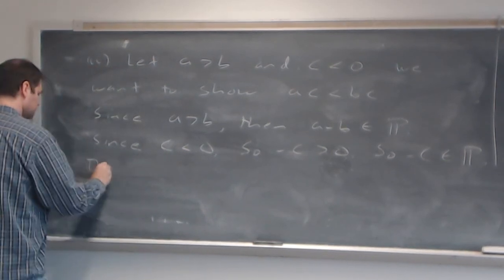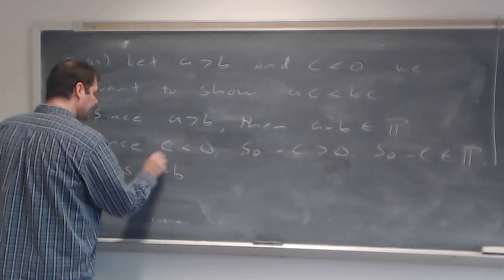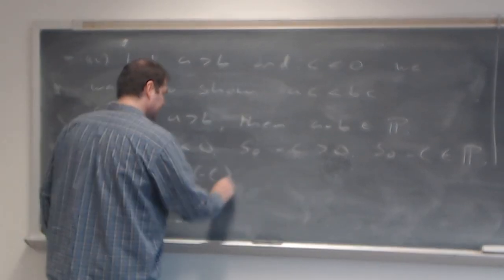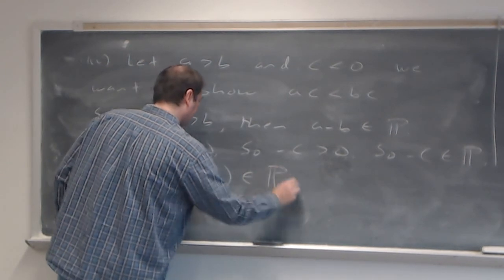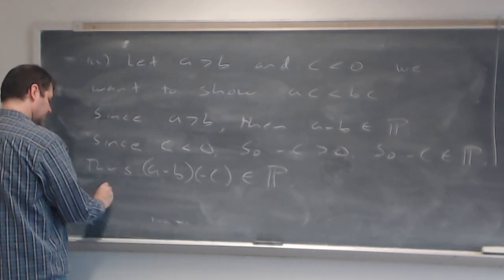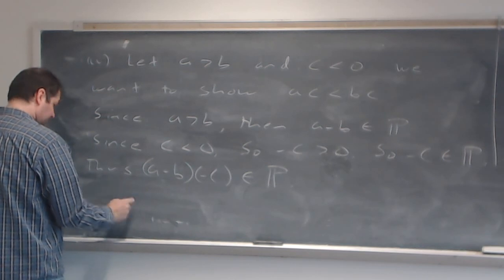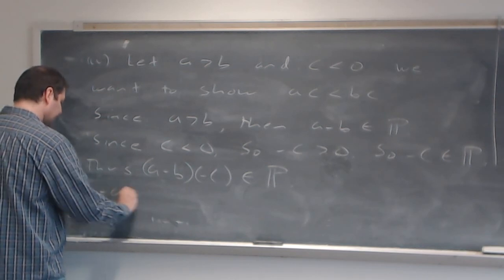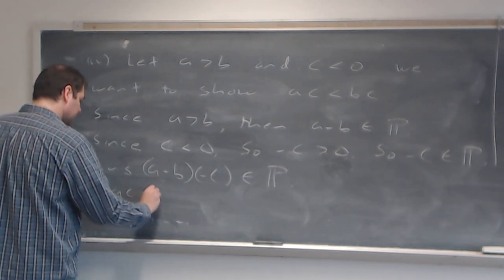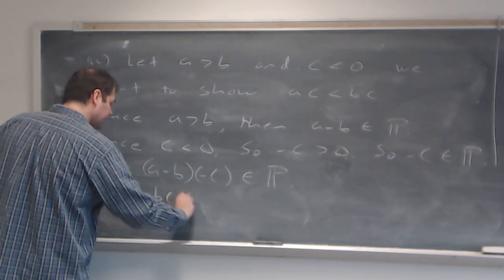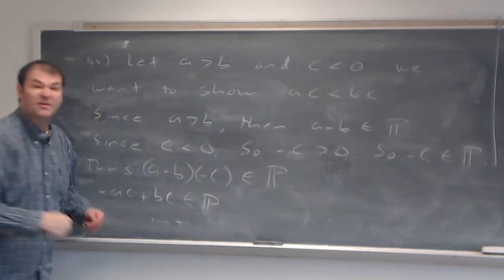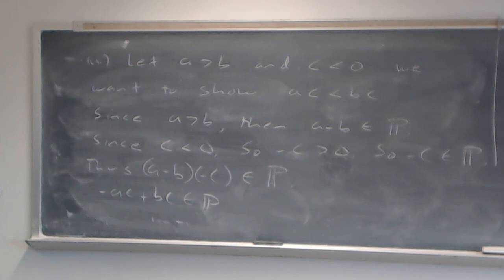Thus, A minus B times minus C is positive. So if I distribute this, I'm skipping a few steps here. It says minus AC, and then this is going to be plus BC is positive. I'm skipping some steps here. Some things that you'll have to do in homework to fill in gaps, okay?